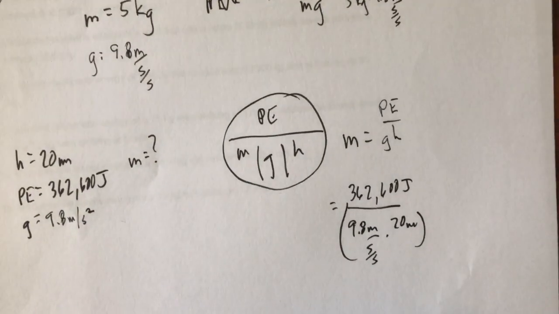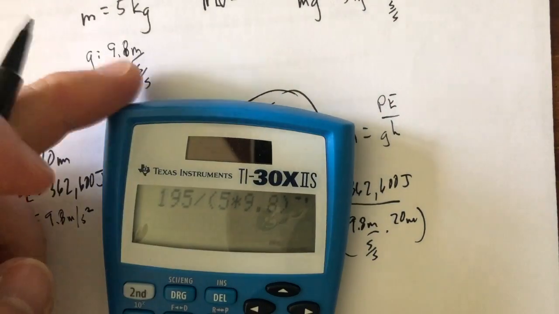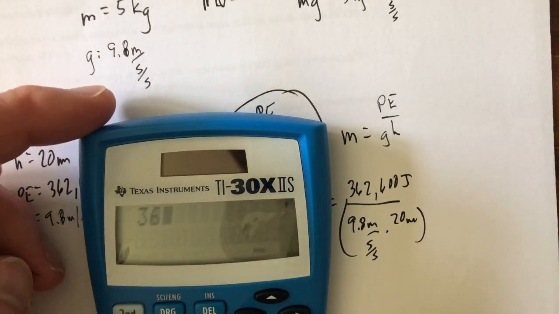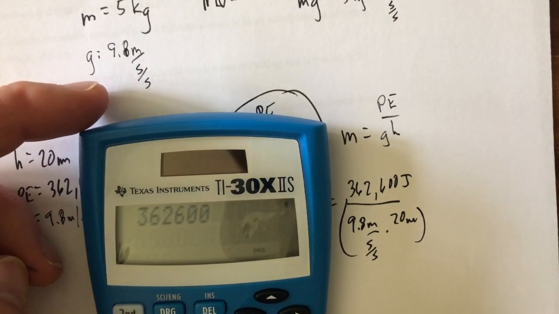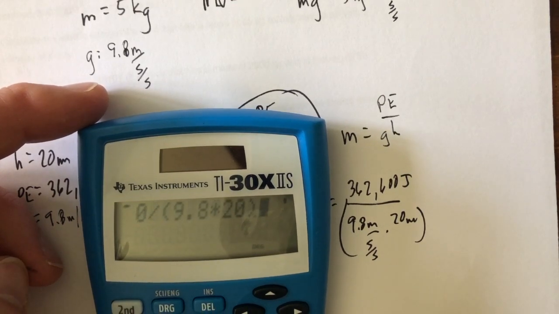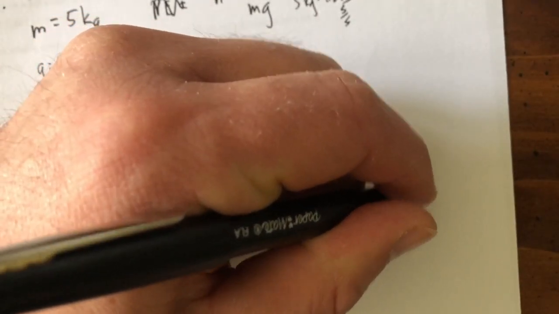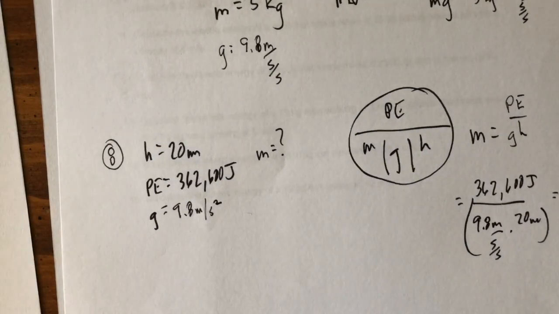Again, I'm going to put that in parentheses so that my calculator gets it. And let's get the calculator out here. I get 1,850, all right, that's number 8.